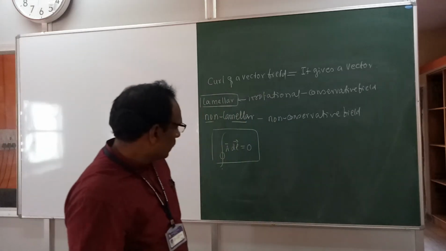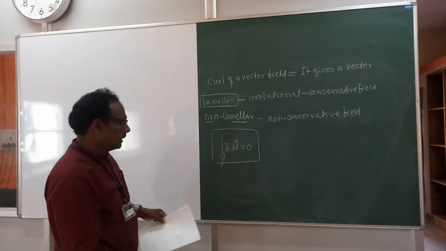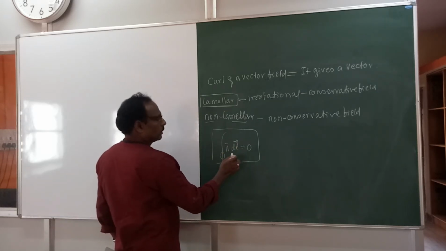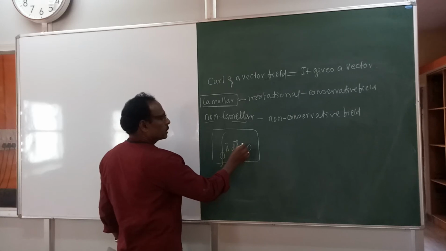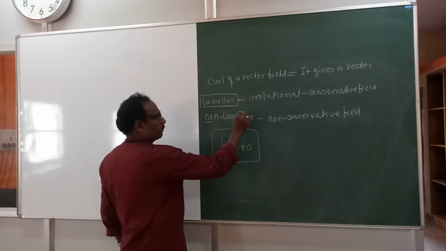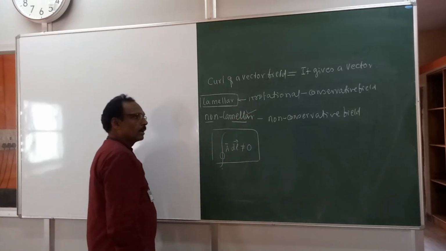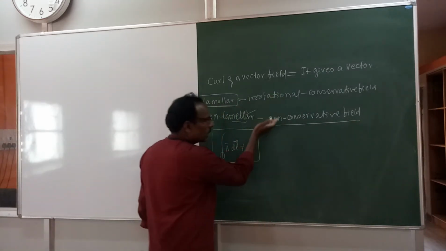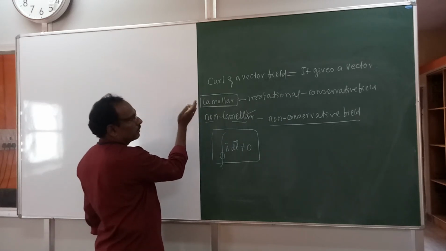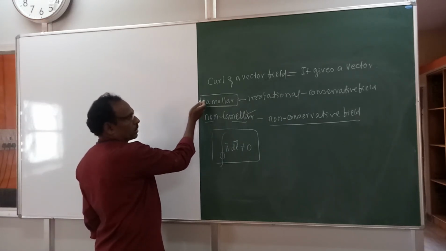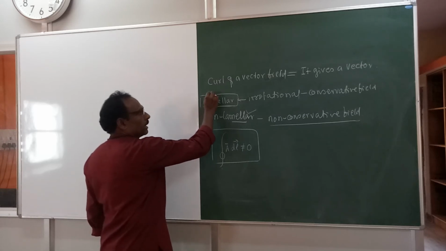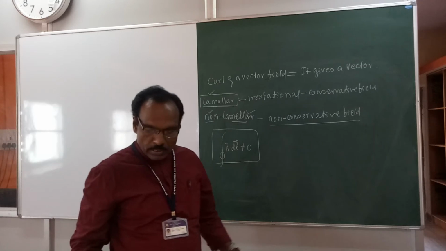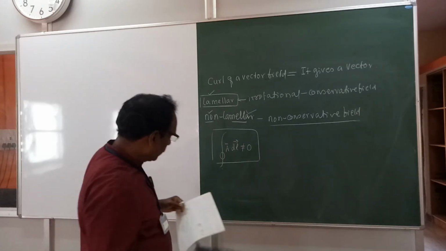If the line integral of a vector around a closed path is not equal to 0, then the field is called a non-lamellar or non-conservative field. We have seen this just now when we discussed the line integral. Only thing, I have introduced to you these two new words. Let us define the curl of a vector.